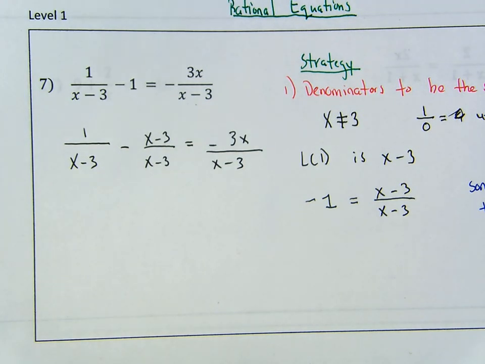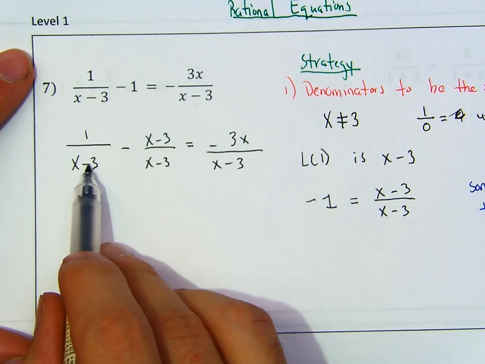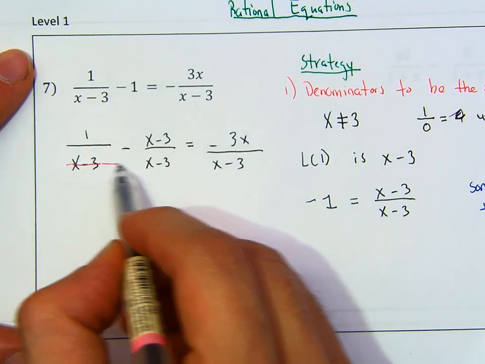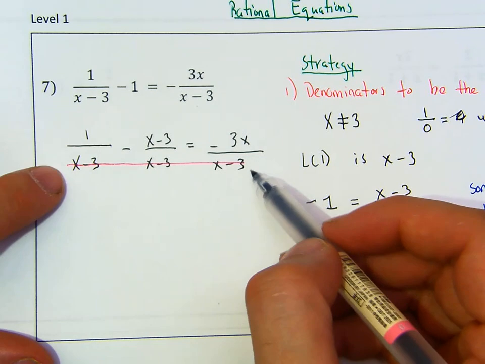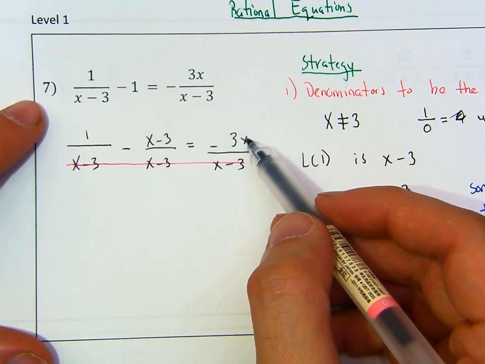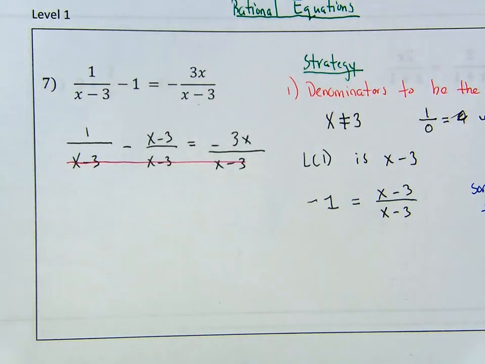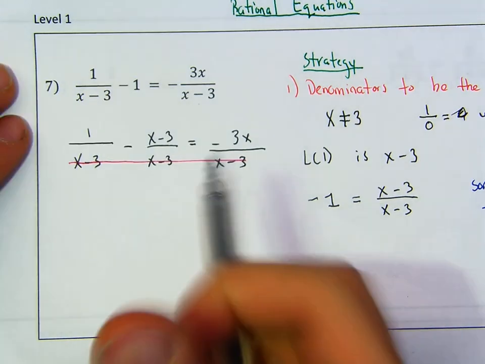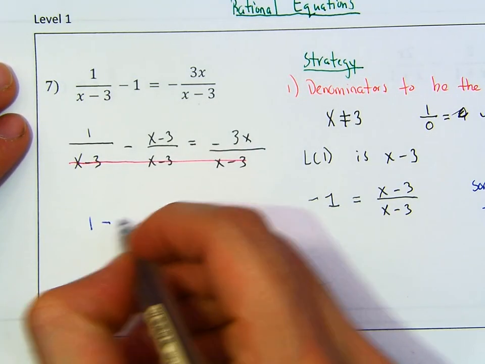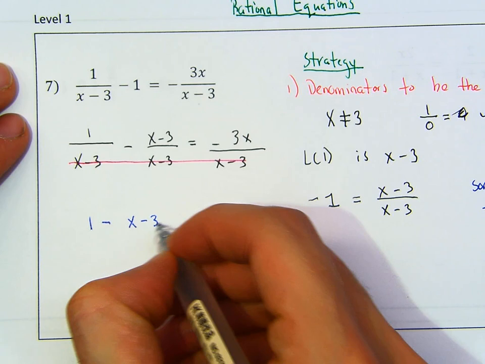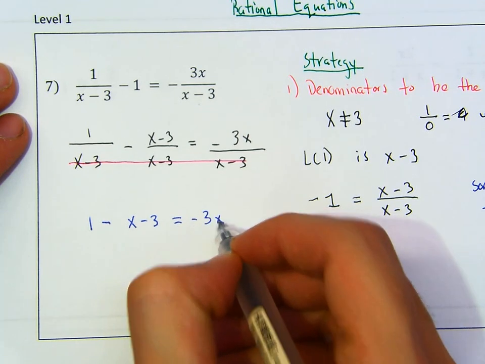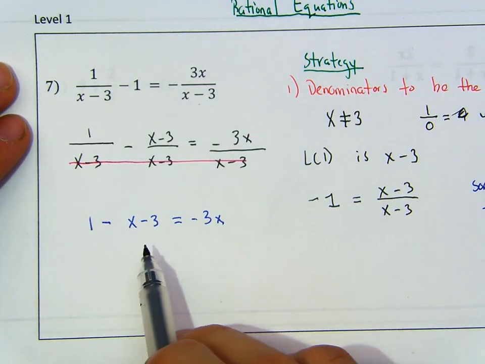Because we talked about in the previous lesson that if the denominators are the same, then you're allowed to cross out all the denominators and say that the numerators are equal. Okay? So the next move you're allowed to do is say 1 minus x minus 3 equals negative 3x.